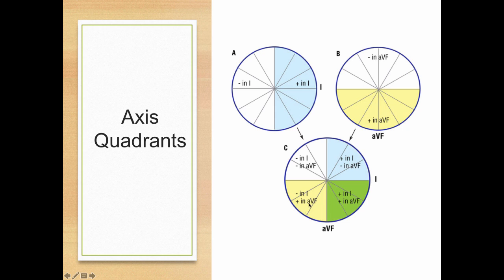So we're just making this kind of binary determination. So negative in lead 1, positive in AVF. Up here in our extreme right axis deviation, or extreme axis deviation, we've got negative in both. So normal is positive in AVF and positive in 1. Extreme is negative in 1 and negative in AVF.